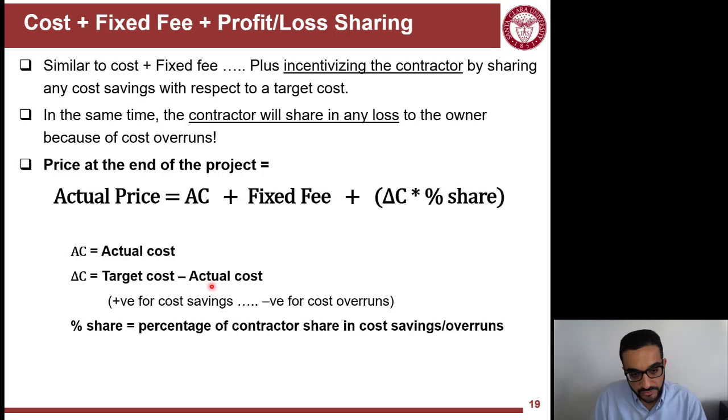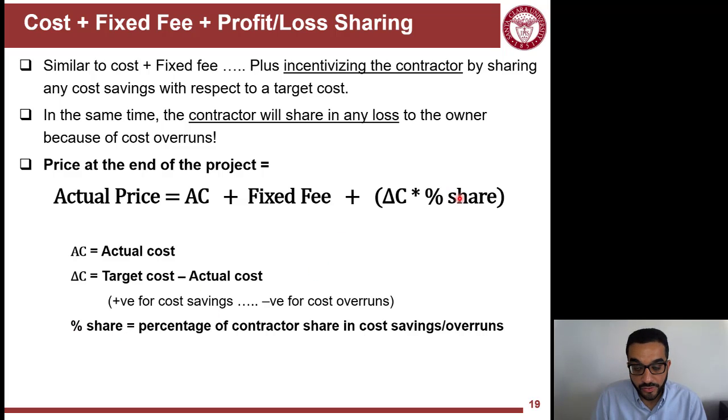So in this order, if this value delta C becomes positive, this means that the actual cost is less than the target cost, so it's savings. So the payment will be increased by the share of that savings. But if it's negative, then the payment will decrease. So good news and bad news in the same package.